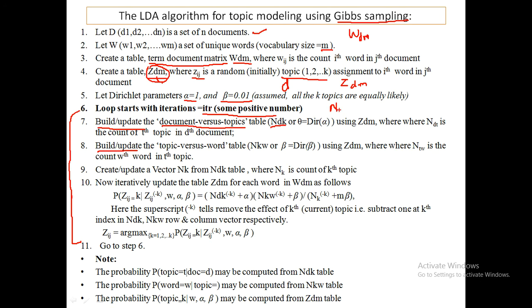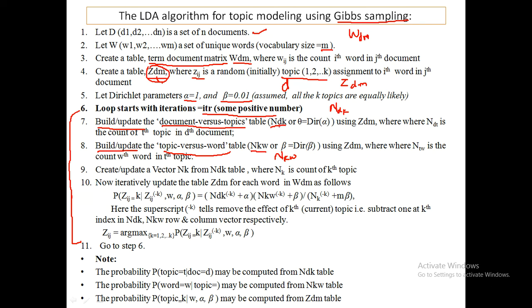NDK has dimensionality D number of rows and K number of columns. And similarly, we shall build a matrix NKW, K number of topics and W number of words, that is called the topic versus word table. This value is also counted from ZDM.